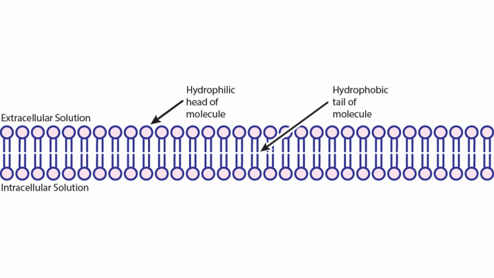And this barrier is what makes the inside of the neuron chemically and electrically distinct from the outside. Without it, the neuron would not be able to maintain different concentrations of ions or charged particles inside versus outside the cell.